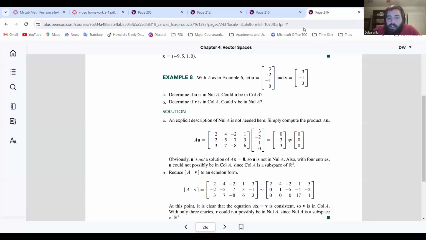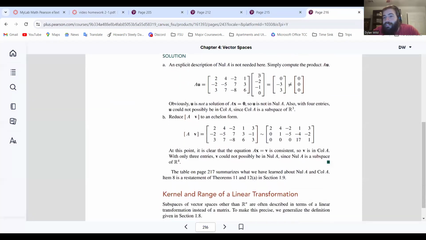But luckily, the people who wrote this book did us all a favor and saved us a little bit of laborious math. As we get down here, we can notice that it is consistent. I have 3 pivots in this instance.